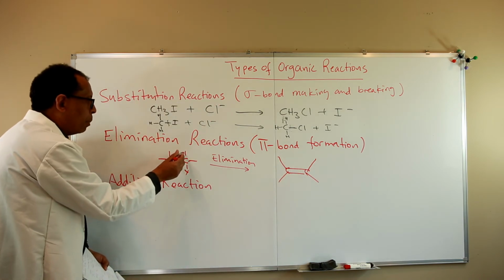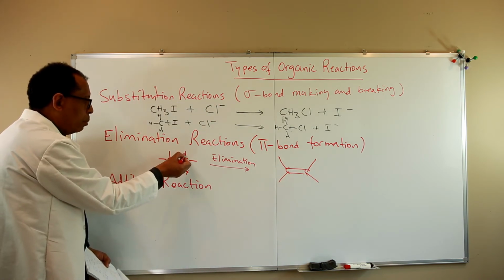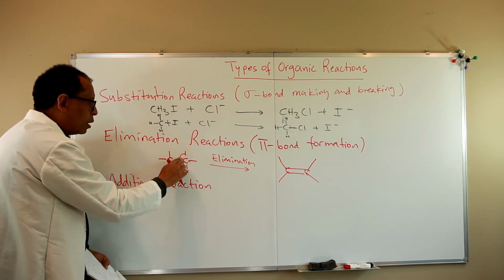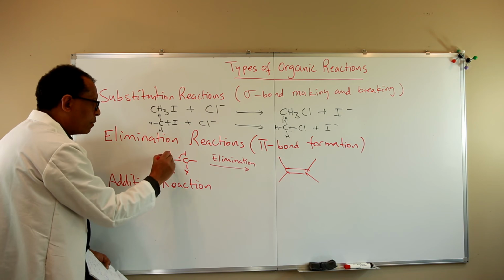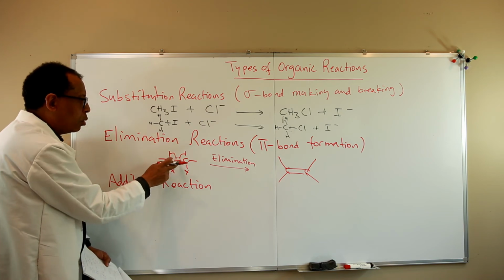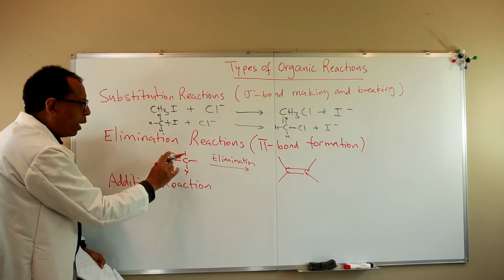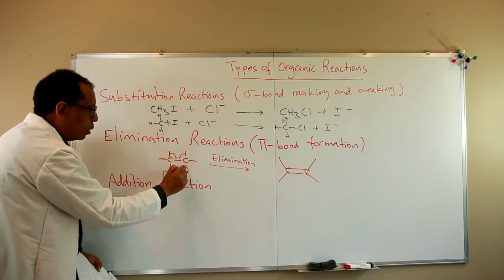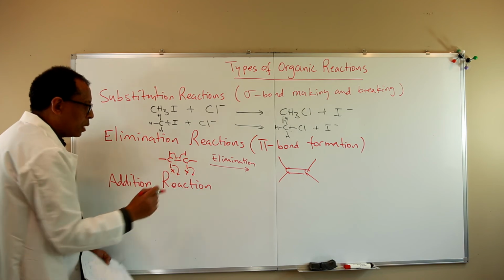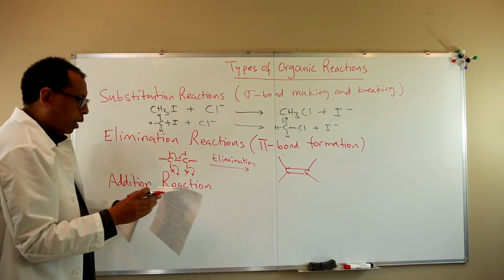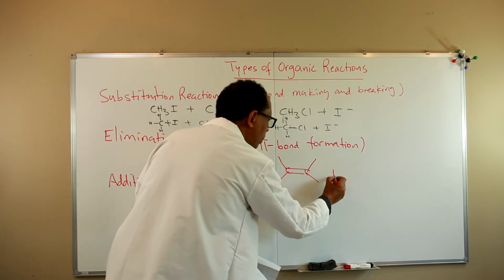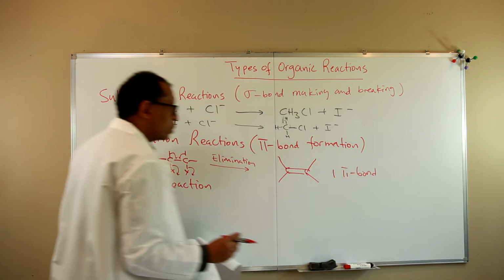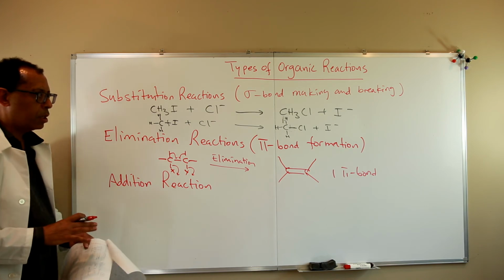What happens is you are breaking this bond, maybe with a single electron transfer, a single bond to make a double bond, while a new bond is being made and the groups leave. So you are forming one pi bond. That's an elimination reaction.